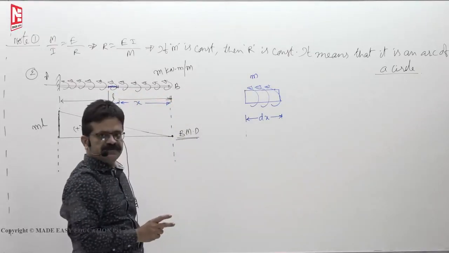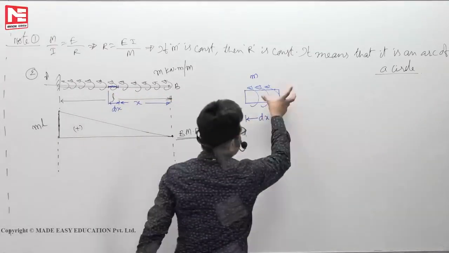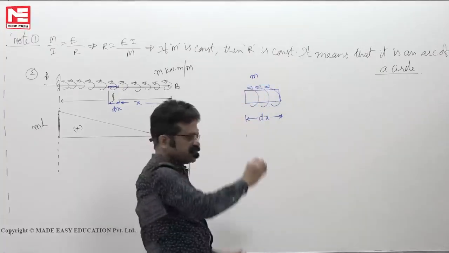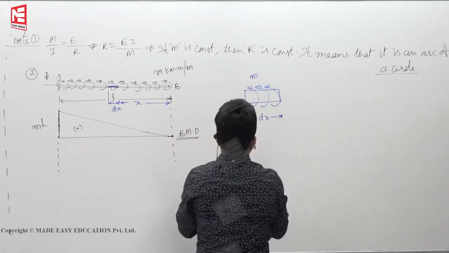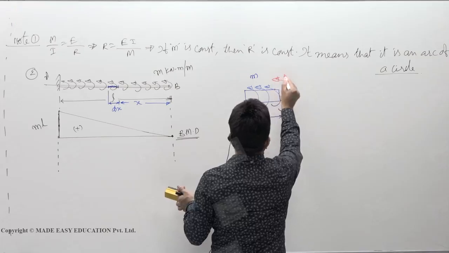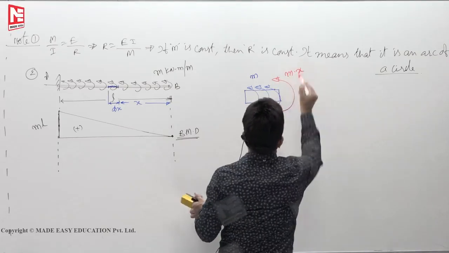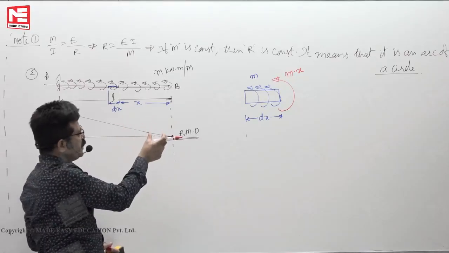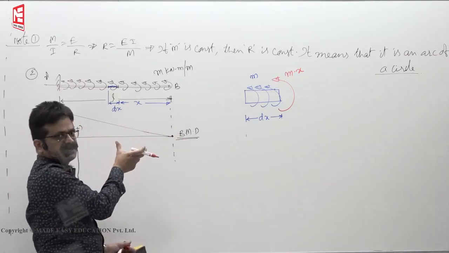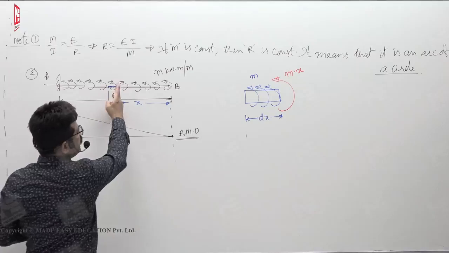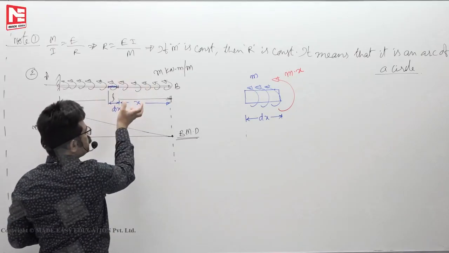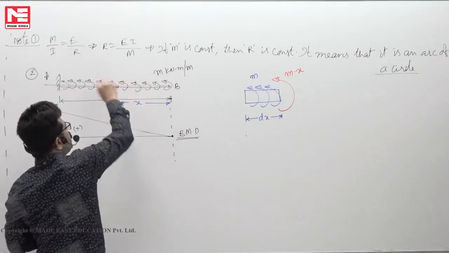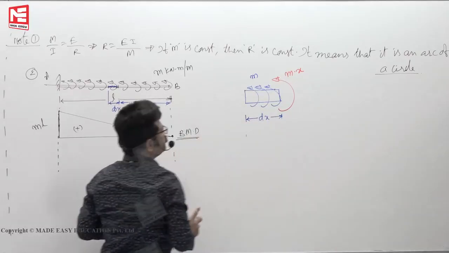What the right-hand side of the member will do on this one is an anti-clockwise moment. How much? That moment is m into x. For a meter length m kilonewton meter, for x meters m into x. So the total moment is m into x and that will act on this one.